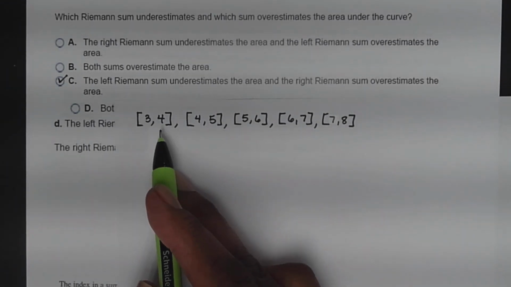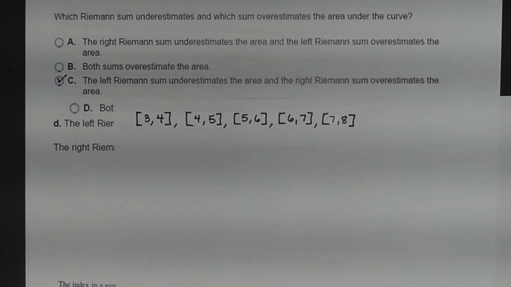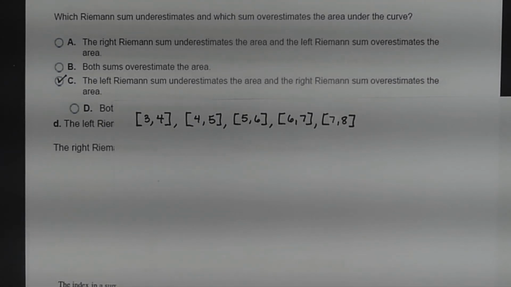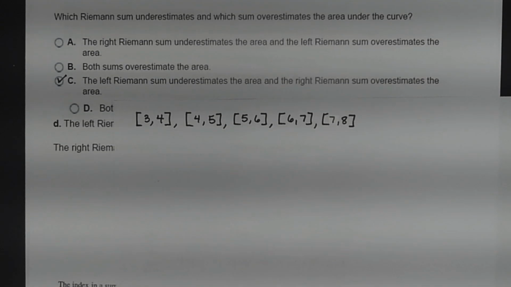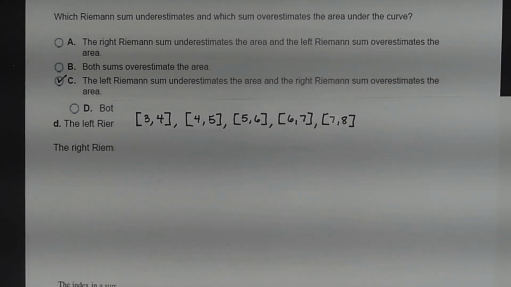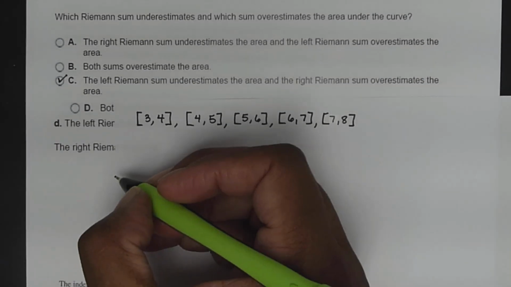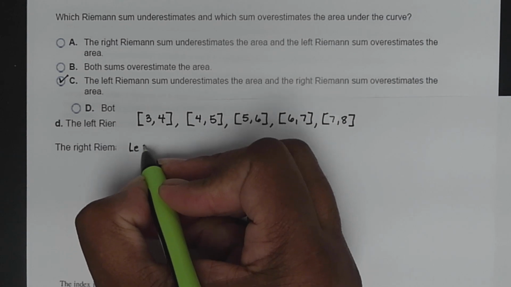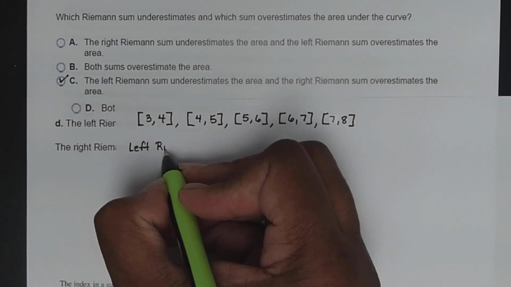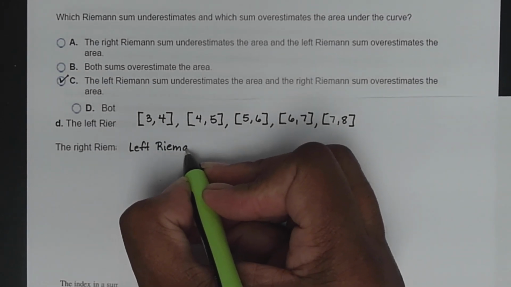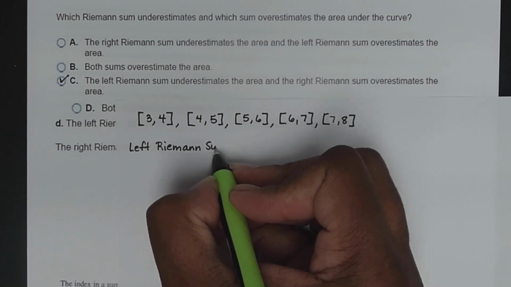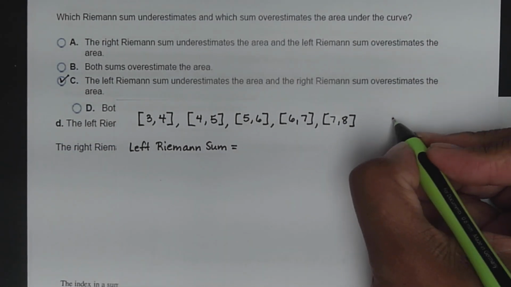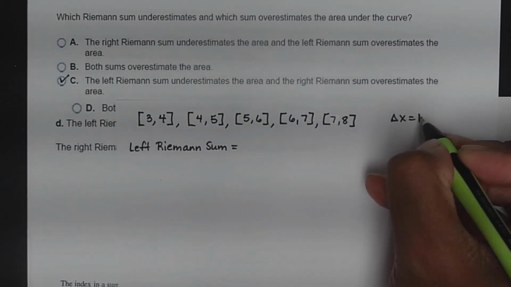Each distance on that subinterval has to be 1 because my delta x is 1 that I found in part B. So now this is going to help me find my left Riemann sum. And of course, delta x, by the way, is going to be 1.